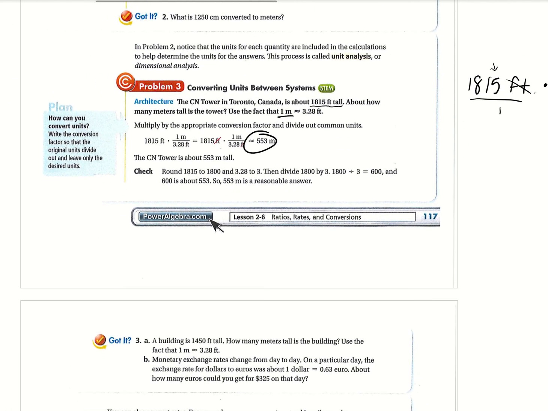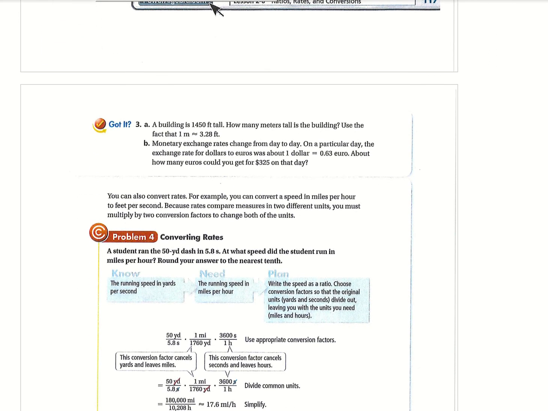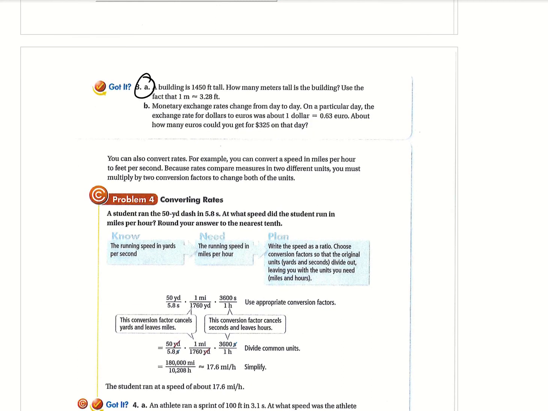Okay. All right. So from there, I want you to try this example 3A. It's really similar. Really, the only difference is that it's a different number. So try that one out.